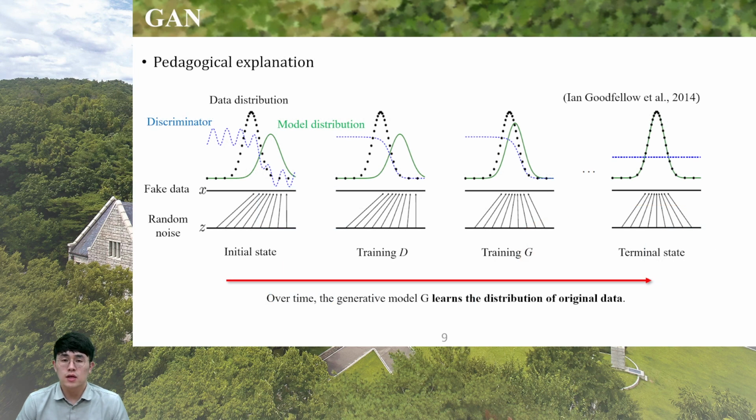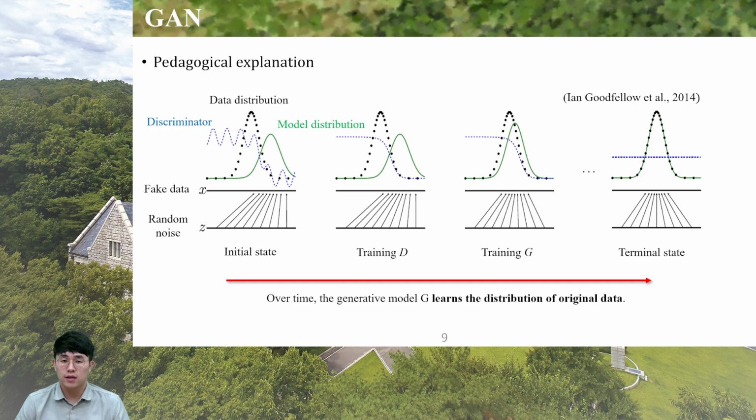The following is a brief illustration of the training process. The green line represents the generator's data distribution, and the discrete distribution of black points represents the actual data distribution.